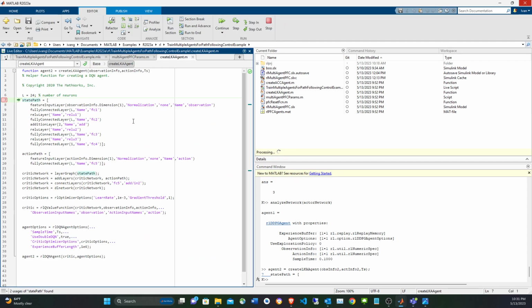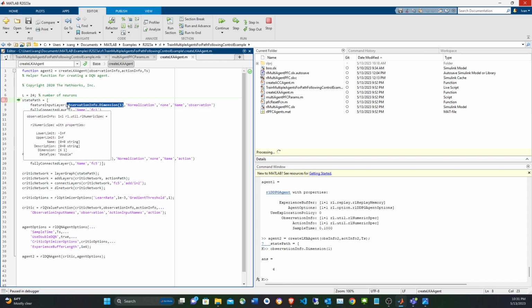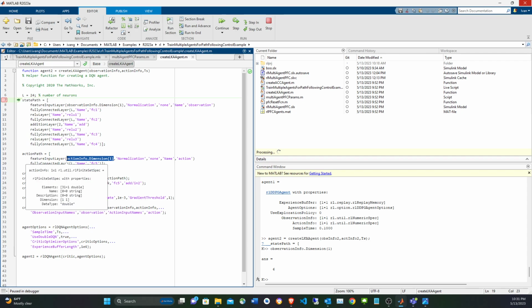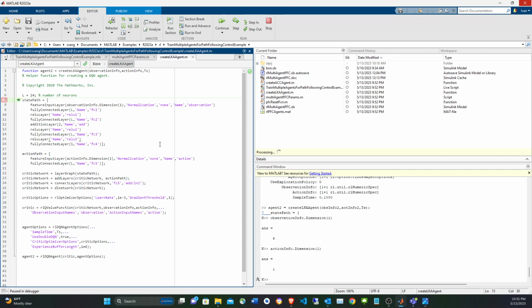So in here we're going to have something similar. We have an observation that is going to take the 6 observations. In here it's the lateral error, the yaw rate, and their derivatives and integrals. So it's going to have 6 elements, and the action is just going to be another scalar. And the output is going to be the same. It's the expected long-term reward. So we're going to have a layer graph.